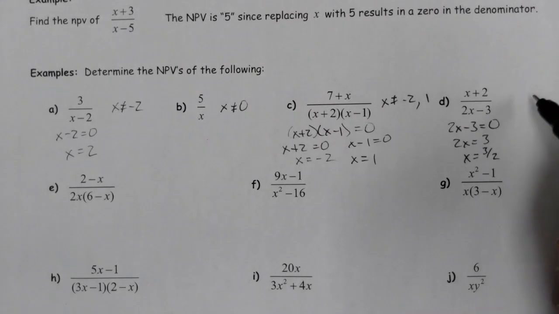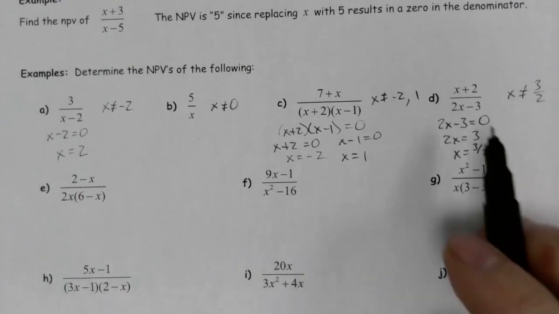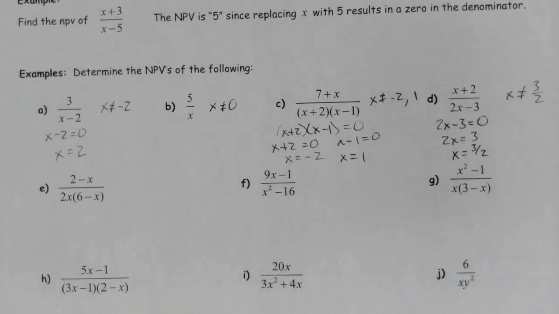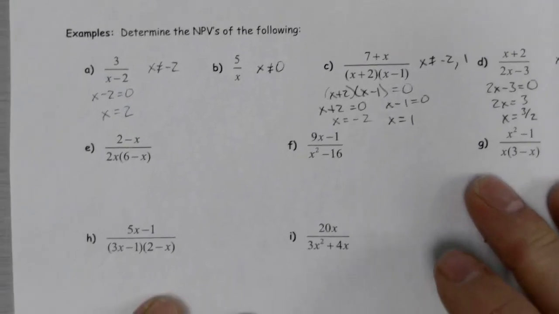So my restriction here is I cannot allow x to become 3 halves. Now in the numerator, that doesn't cause the problem. The numerator can go to 0, by the way. That's not an issue at all. It's when the denominator goes to 0 that's the issue.